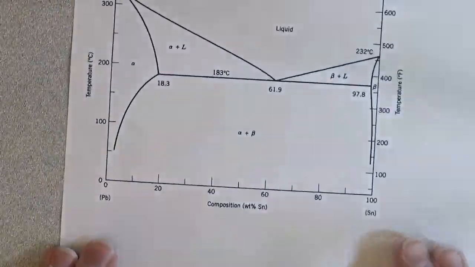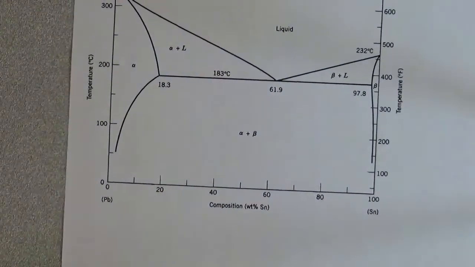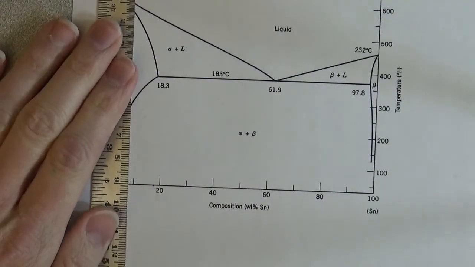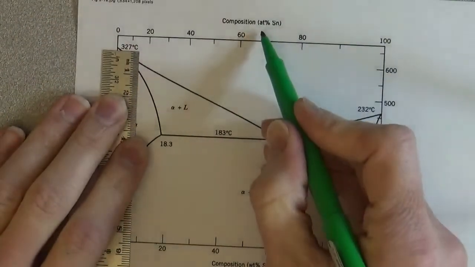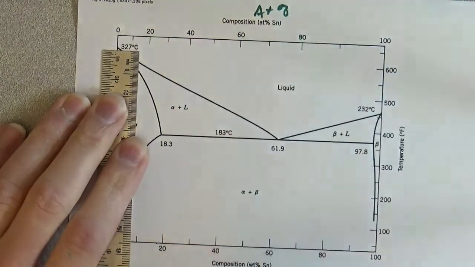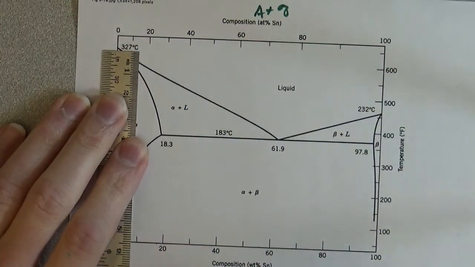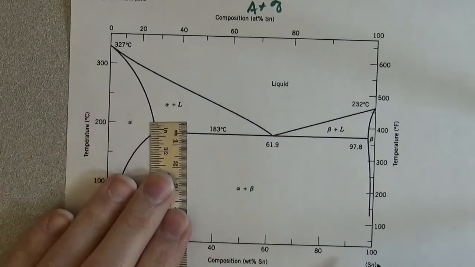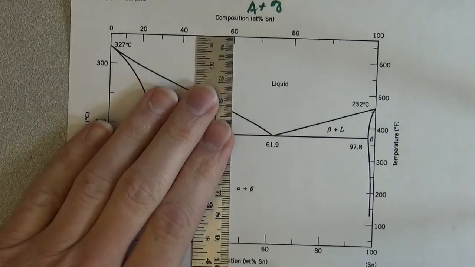So let's take and read one of these phase diagrams. Let's imagine that we have some composition. Again, we've got atomic percent on the top, AT%, and here's weight percent. Notice here they really don't line up at all, right?